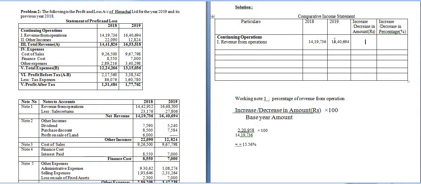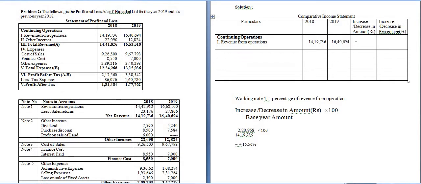Here you can see the revenue from operations has increased in 2019 as compared to 2018. Revenue from operations in 2018 was 14,19,736, whereas in 2019 it is 16,40,694.